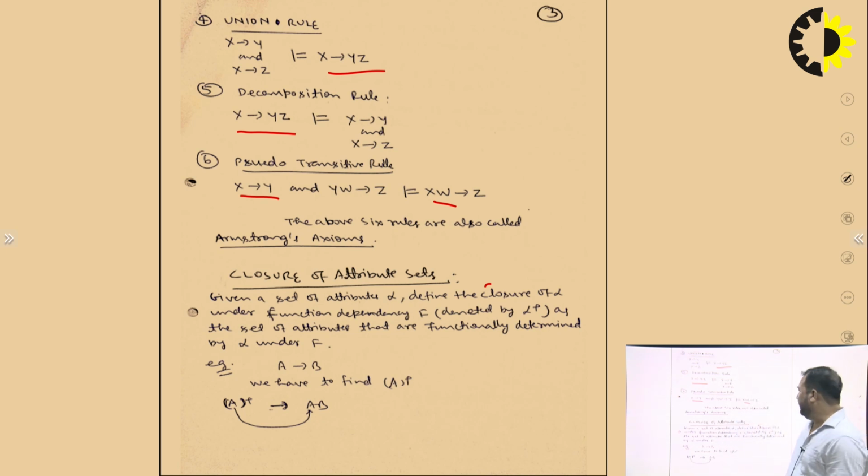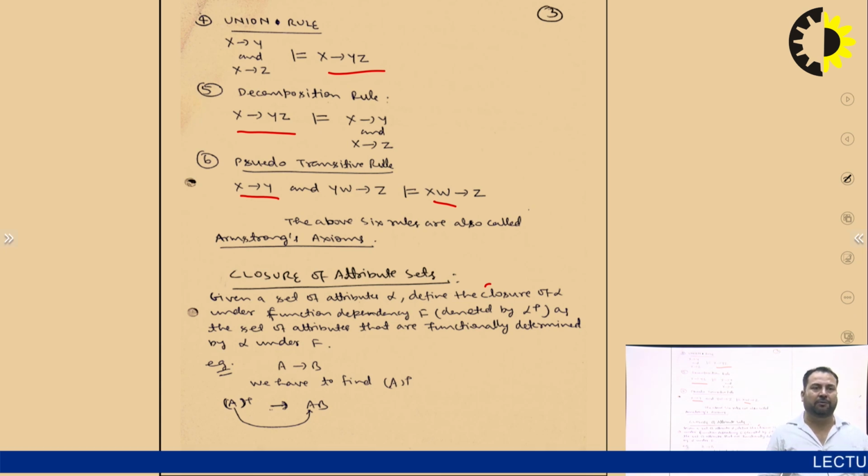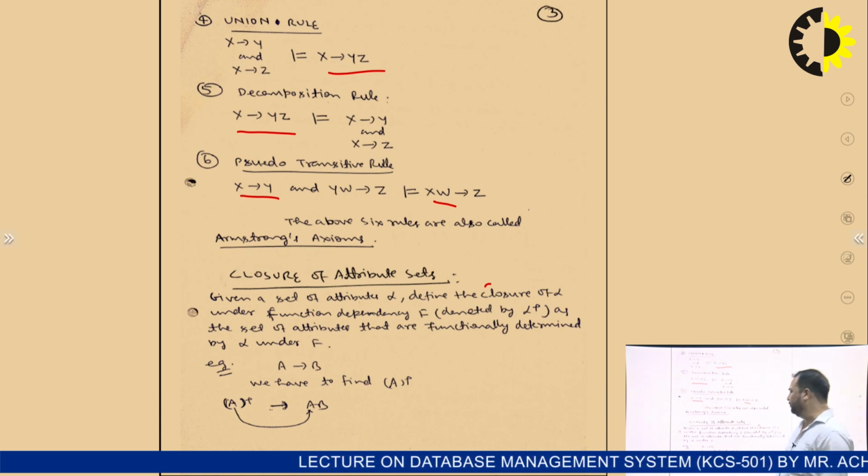Okay. Next comes closure. How can you find the closure of an attribute? Because in numericals you would have to find the closure to find the key of the relation, super key or candidate key. So what is closure? Closure is the set of attributes which are determined from those attributes.